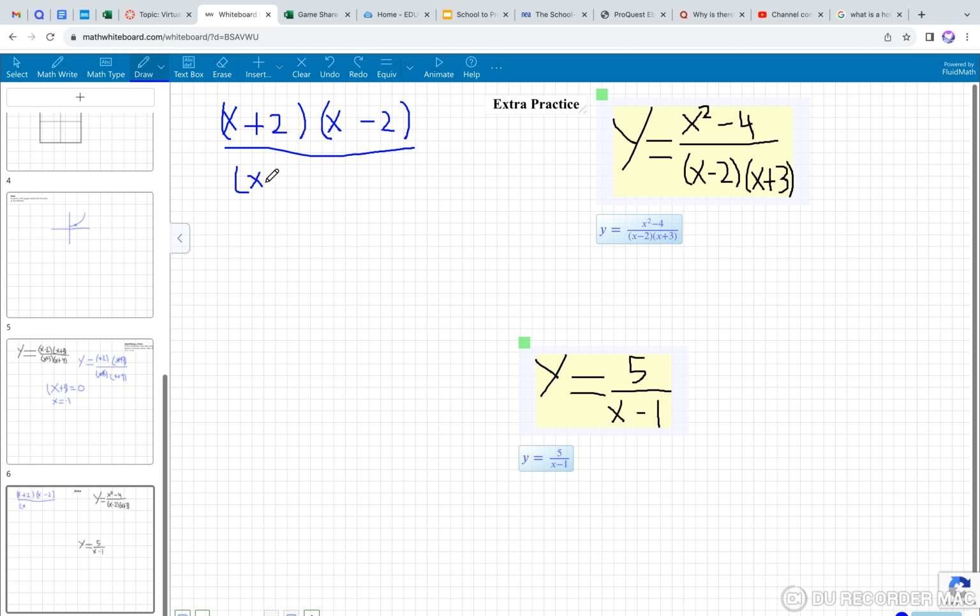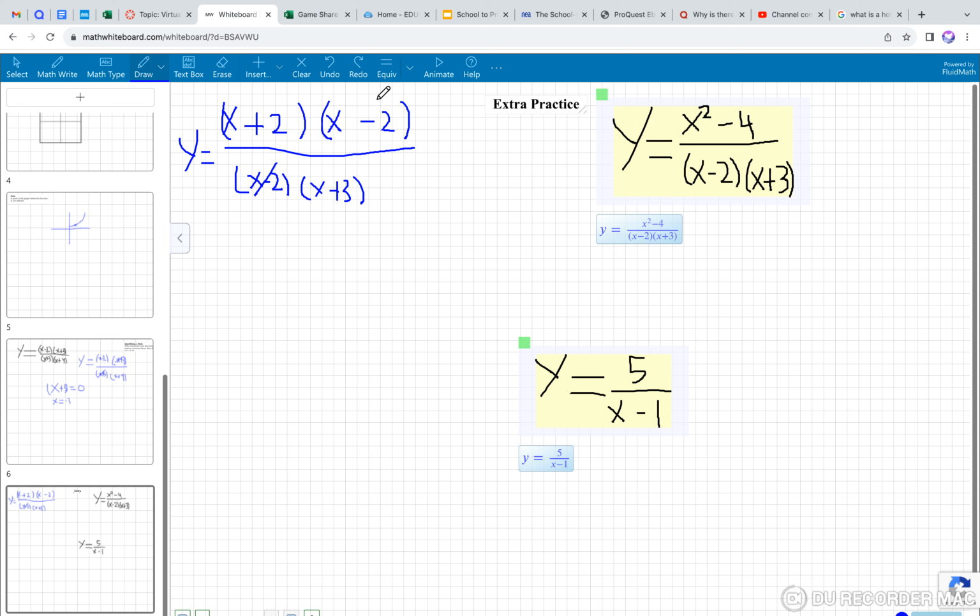and then we can simply write the denominator again, x minus 2, x plus 3. And I shouldn't forget my y equals. There we go. So let's look for holes. We can see here that they share the x minus 2 factor in the top and in the bottom.